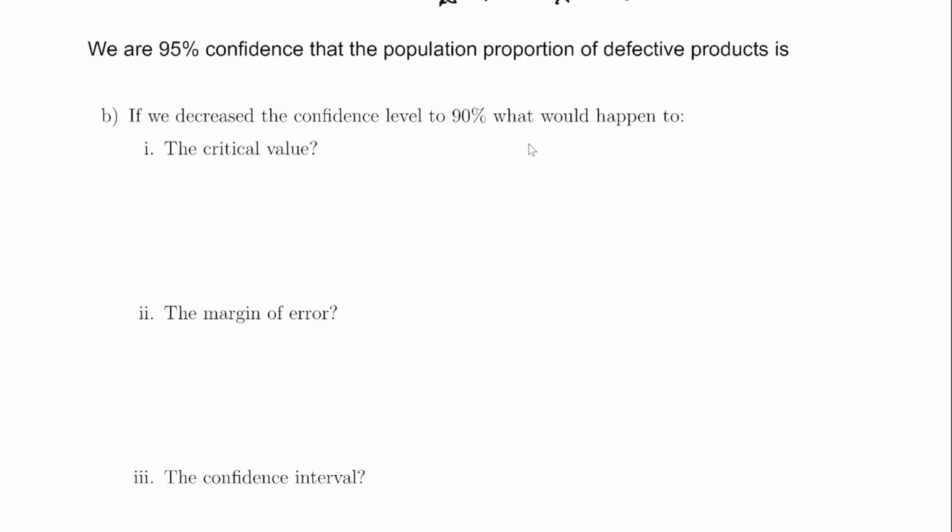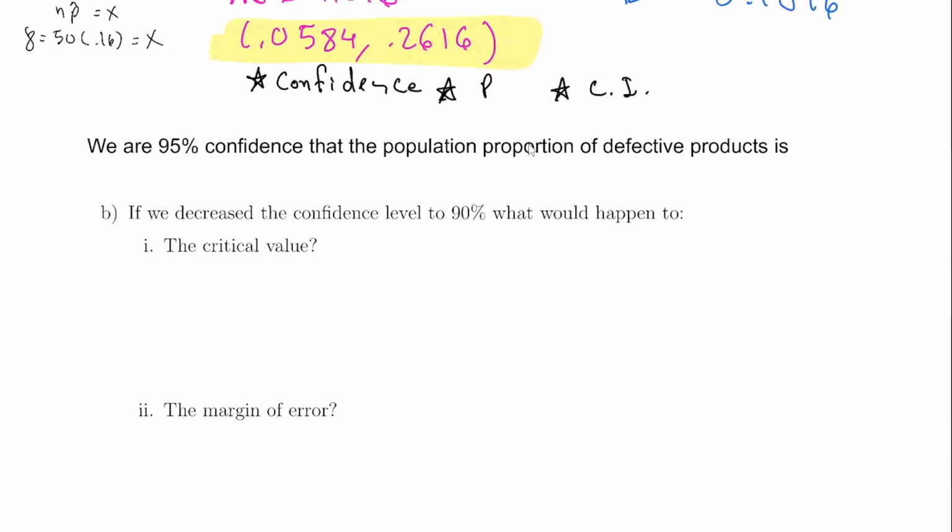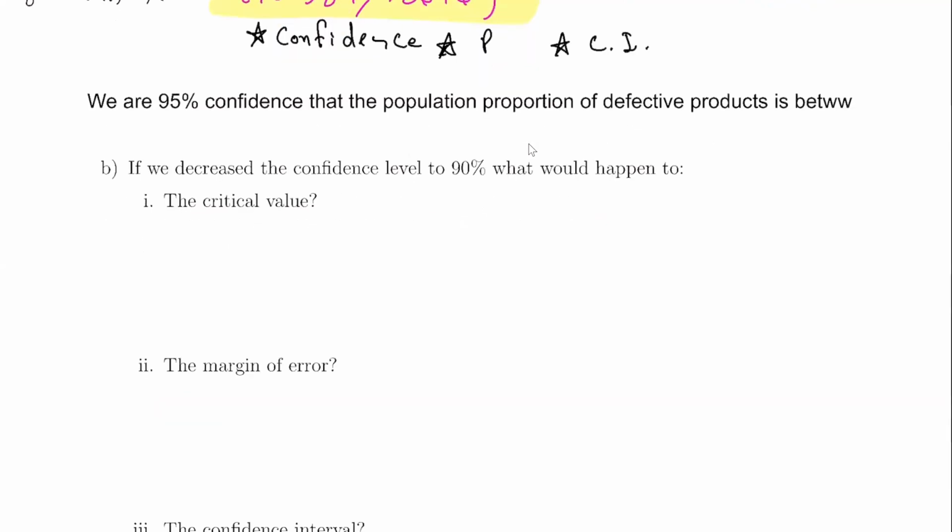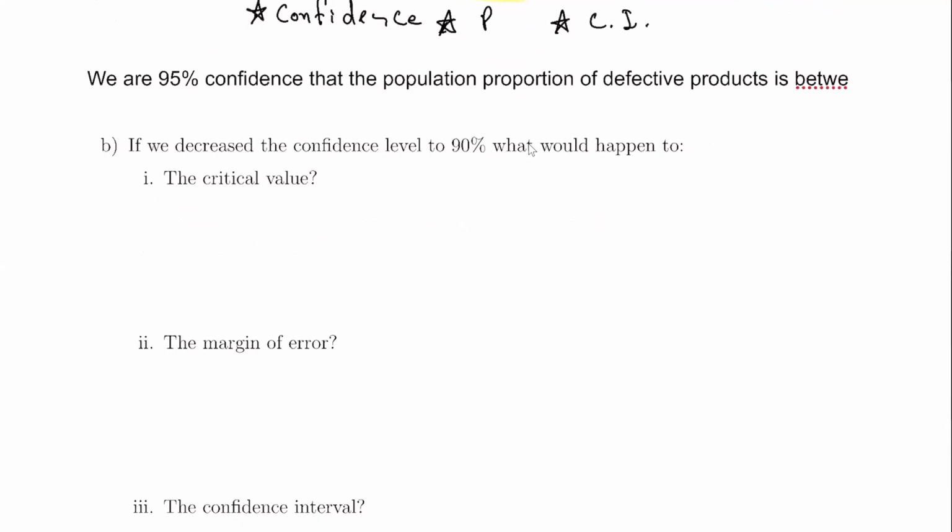You just put that the population proportion of defective products is, and then you put whatever the confidence interval is. In our case, the confidence interval is between, and you could put it as a percent or as a decimal. We'll put percent: 5.84% and 26.16%.